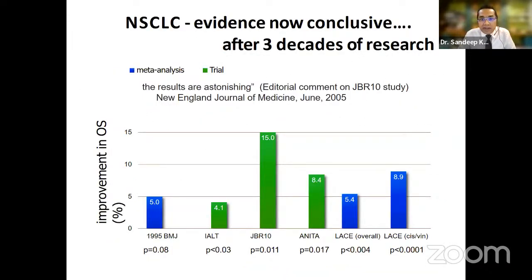So the evidence has now become the conclusion of the majority of the trials after 3 decades of research. That is, I have already stated in the bar diagram that these trials and the meta-analysis have conclusively made a statement that the adjuvant chemotherapy makes a benefit in lowering down the risk of recurrence, as well as bringing an improvement in overall survival to the tune of around 5 to 10%.